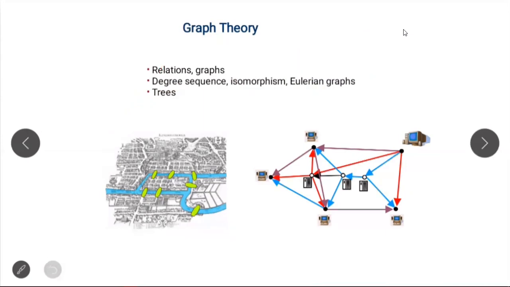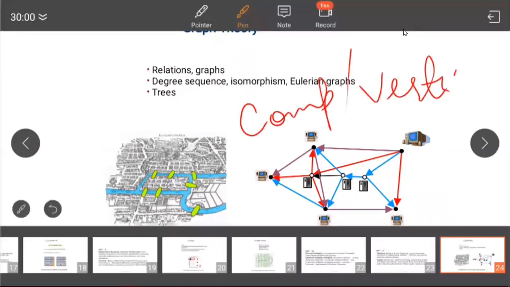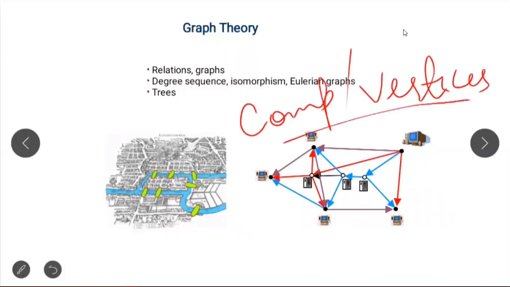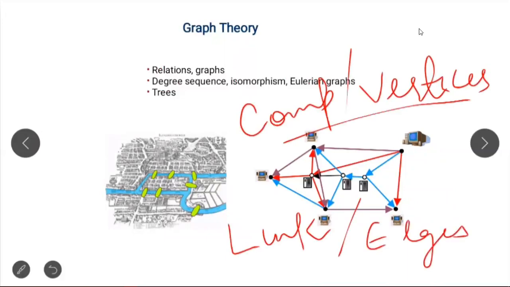So the computers themselves are vertices, and the links between the computers will be the edges. Okay, so this is a rough example of a graph. We'll study graphs when we get into the subject.